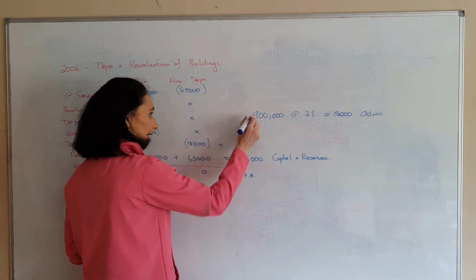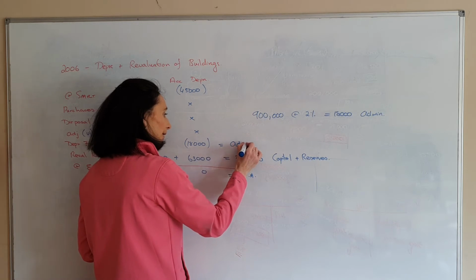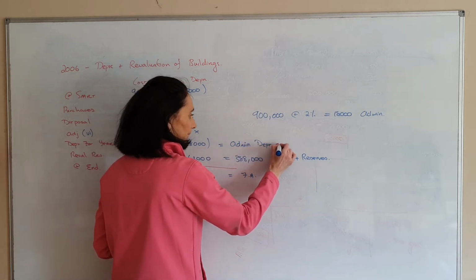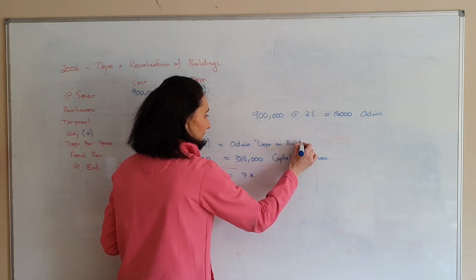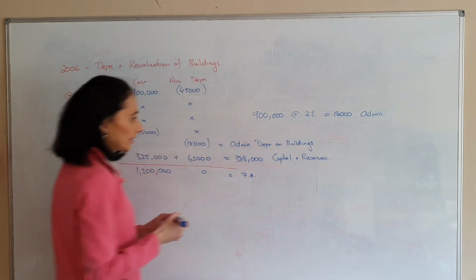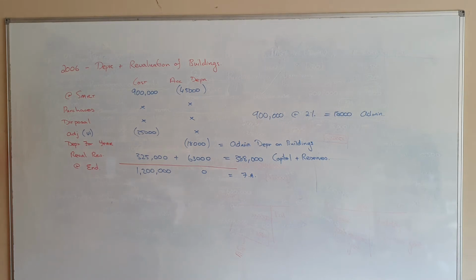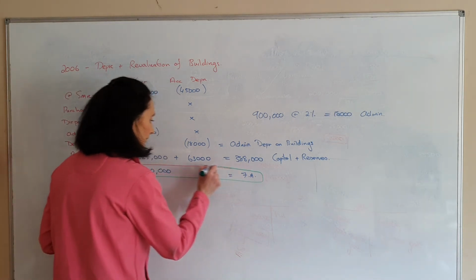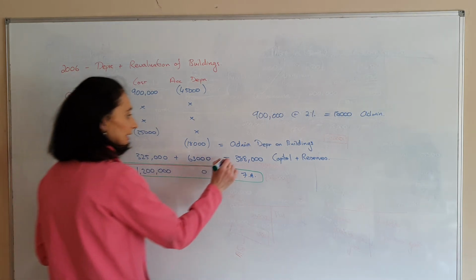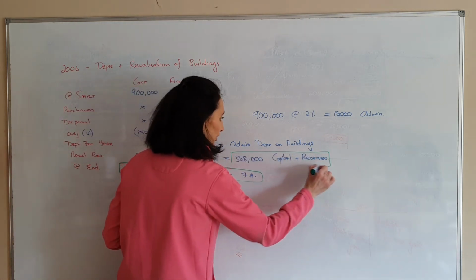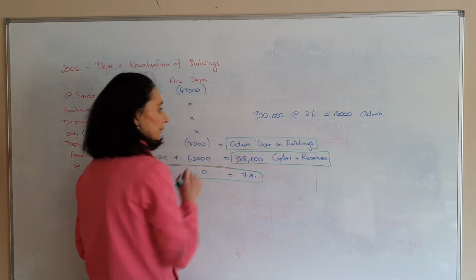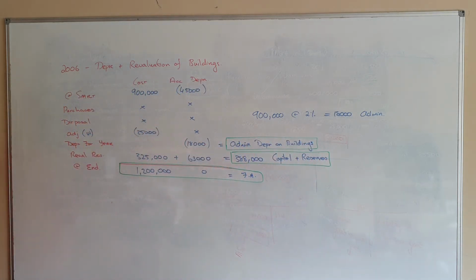Here, this is again the figure that would go into admin for depreciation buildings. So again, there's 3 things that are going to go in from this question. You have this one here. That's how it will look in the balance sheet. You have your revaluation reserve and you have your depreciation for the year, which goes into admin.